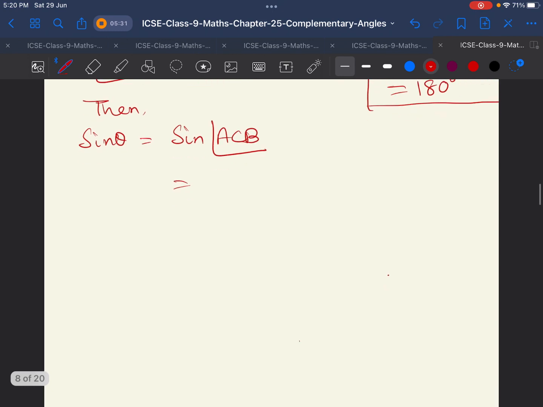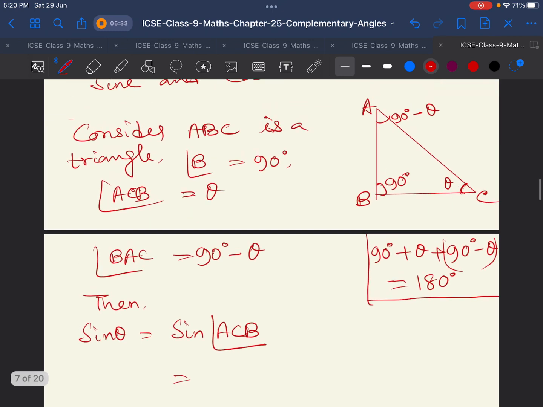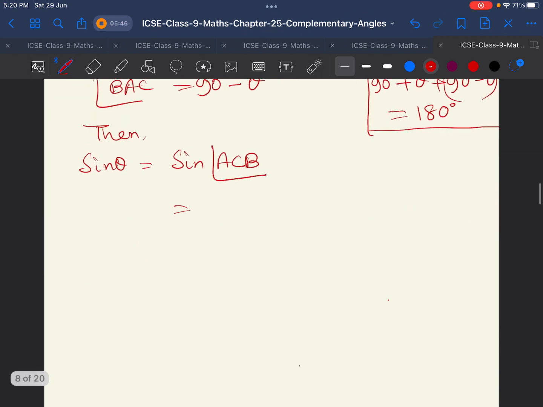We already know sin theta equals perpendicular by hypotenuse. For the angle theta, its opposite side AB is the perpendicular.